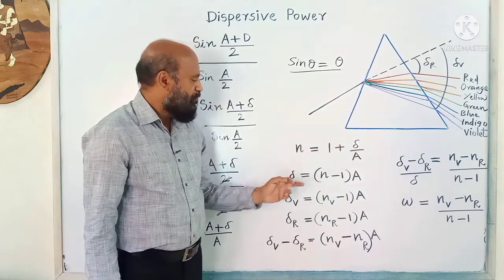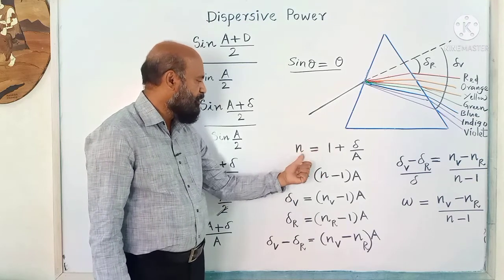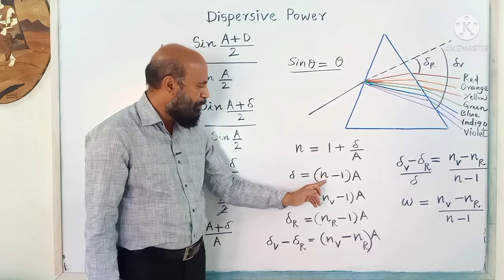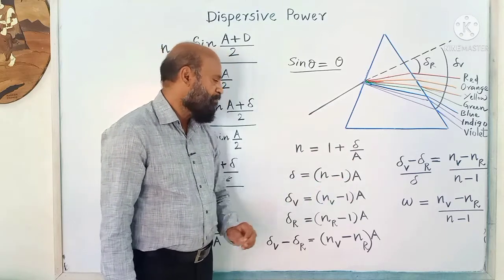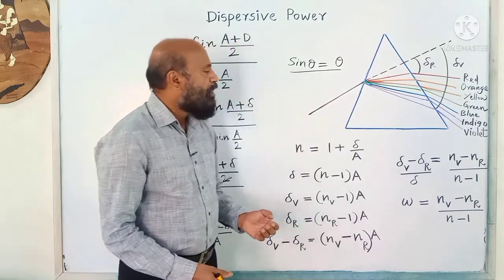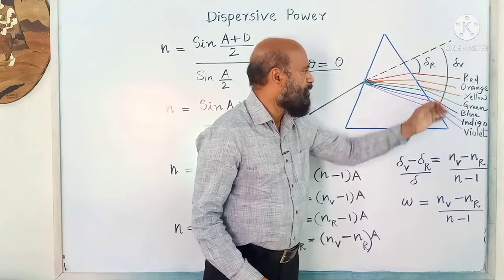After rearranging, we will get an expression for deviation delta. Take this one this side, so n minus 1. Then delta can be written as (n minus 1) into A, where n is the refractive index. Now deviation produced is different for different colors.